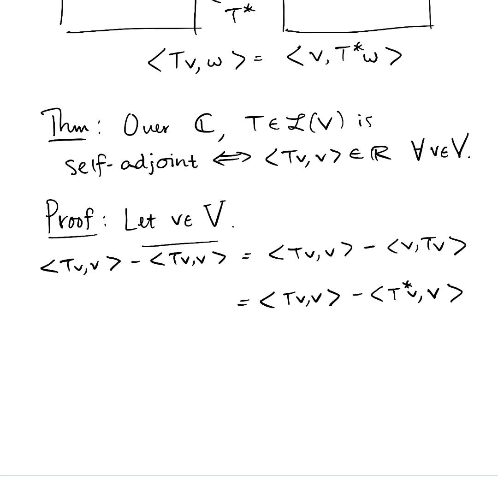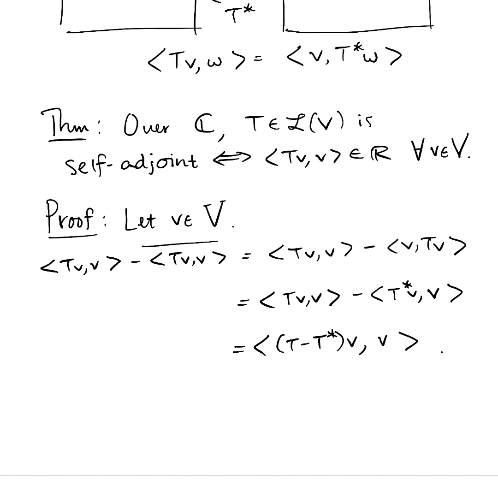You just flip them back and forth, first slot, second slot. And then we have additivity in the first slot. So this is really T minus T star acting on V, inner product V. Okay, and that has nothing to do with the hypotheses of this theorem. That's just a fact that's just true.